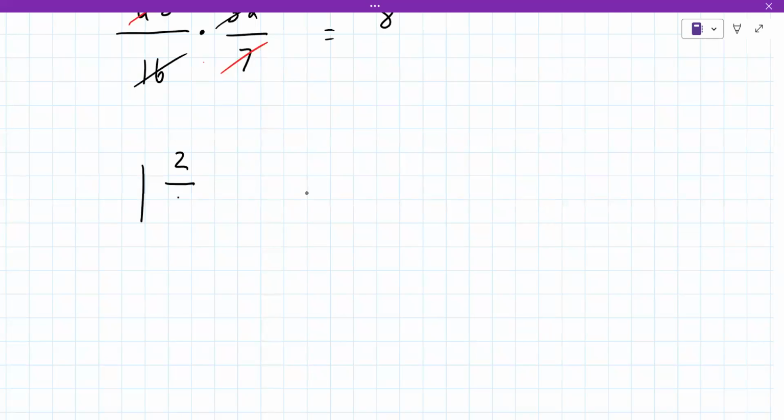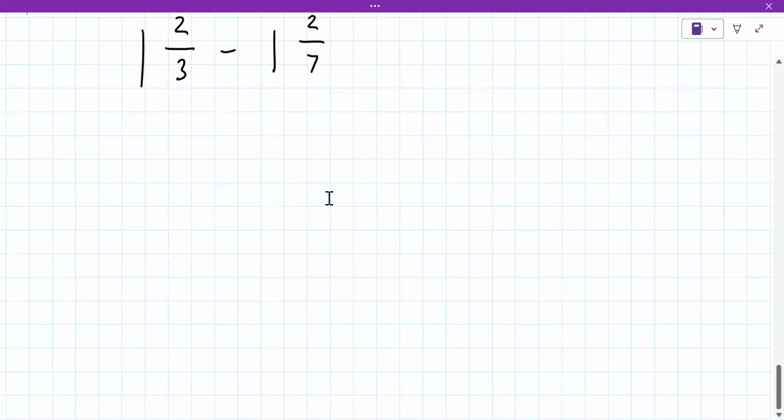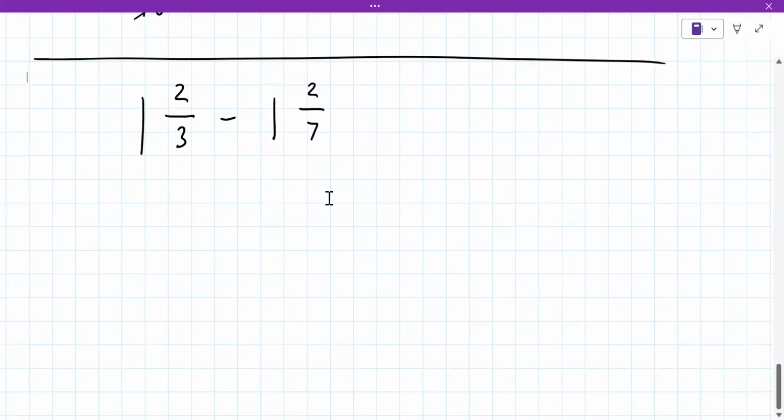1 2/3 minus 1 2/7. Okay. So some sort of manipulation here. There are a couple of ways to do this.